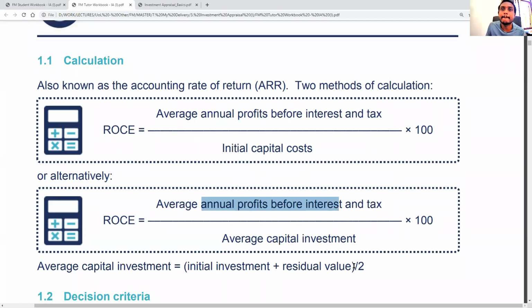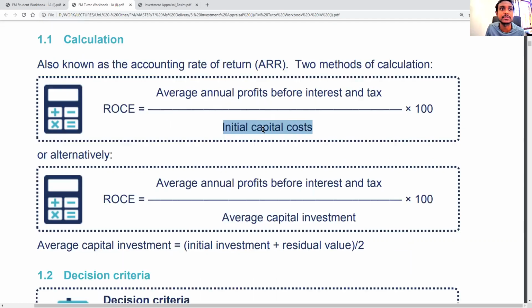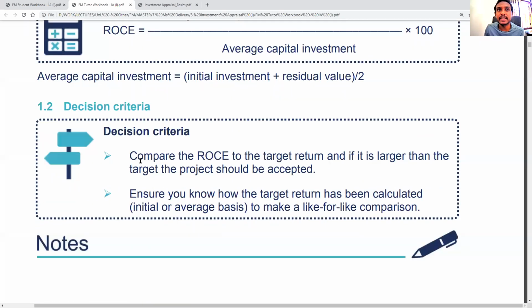If you divide it by the capital cost, you can call it ROI, the return on investment, net profit over investment capital. Simple equation. Decision criteria is compare the ROCE to the target return, and if it is larger than the target, the project should be accepted.